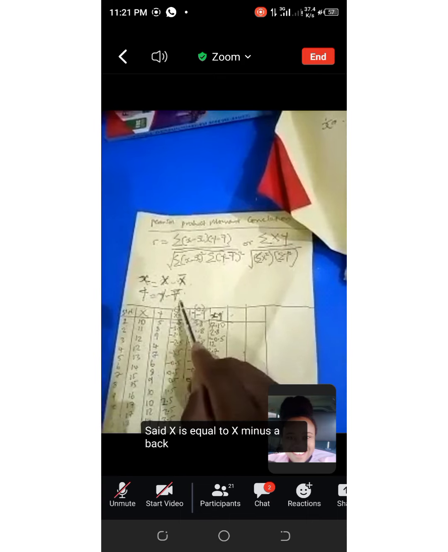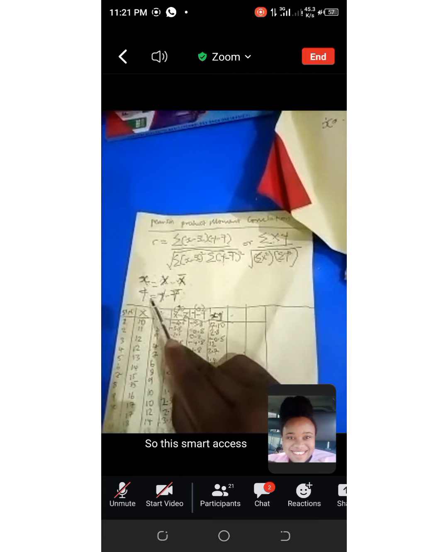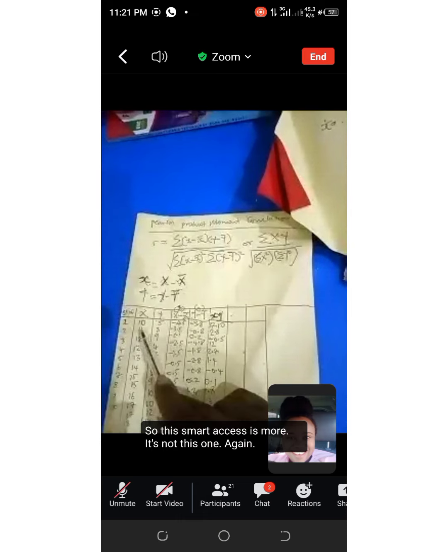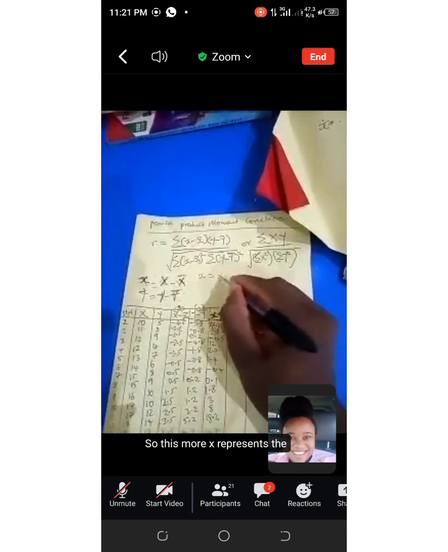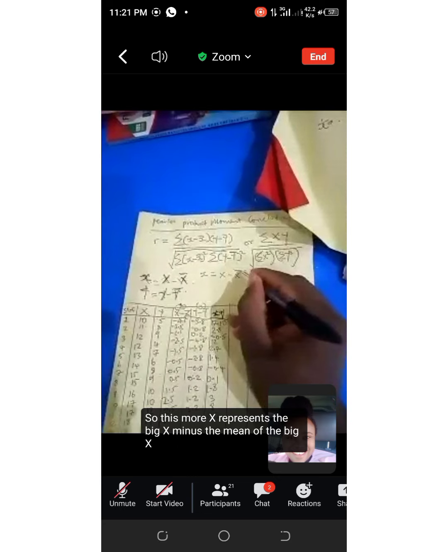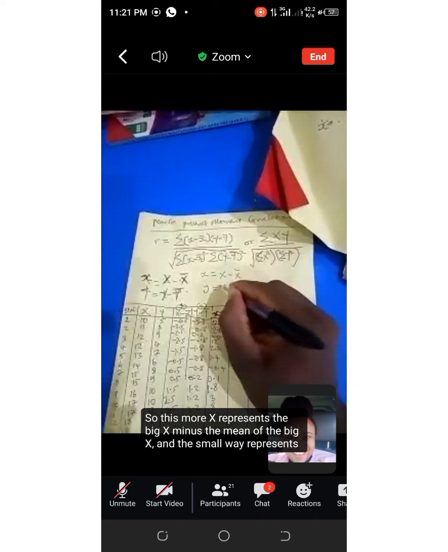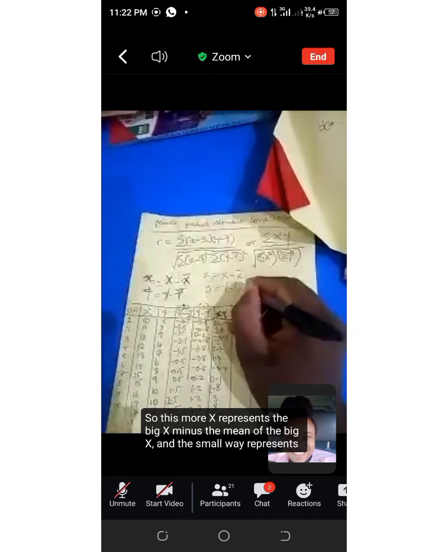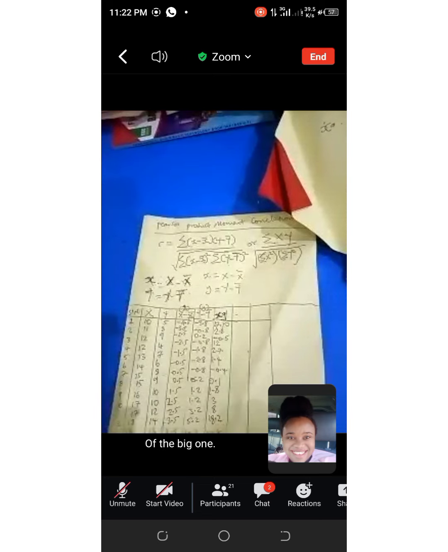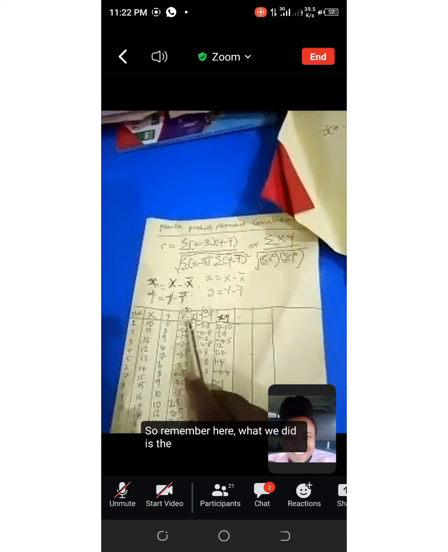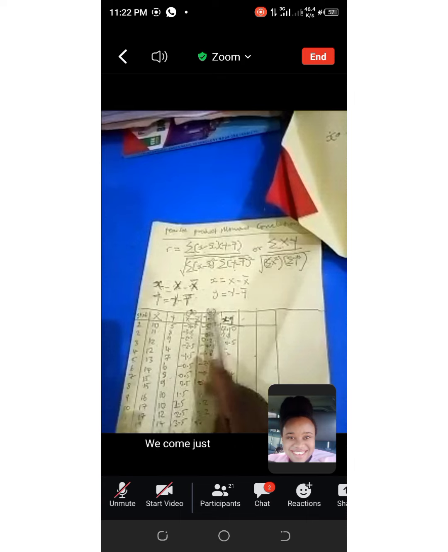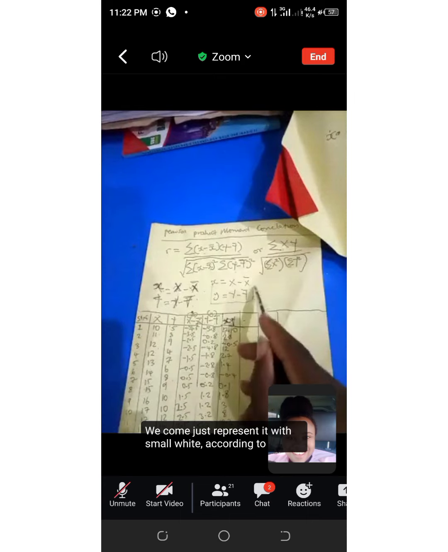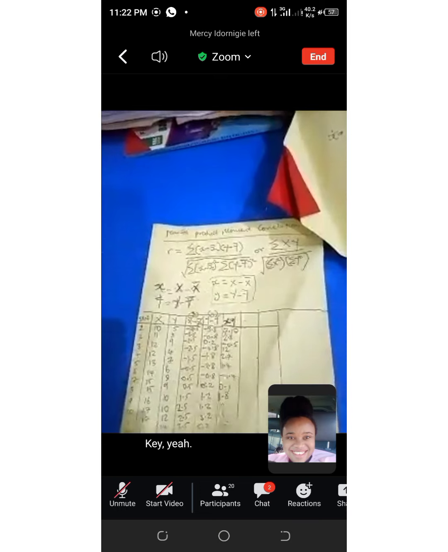So this small x and small y is not the big X and big Y. The small x represents the big X minus the mean of the big X, and the small y represents the big Y minus the mean of the big Y. Then we are now doing x times y.